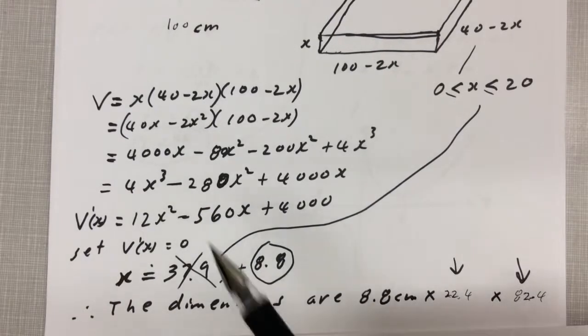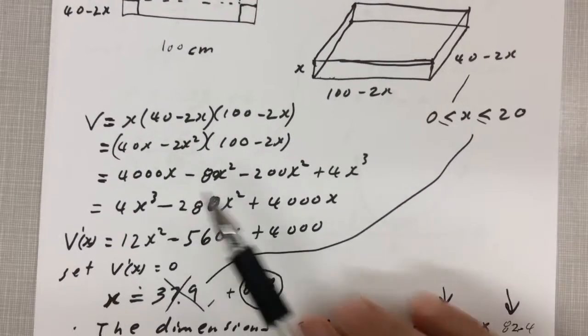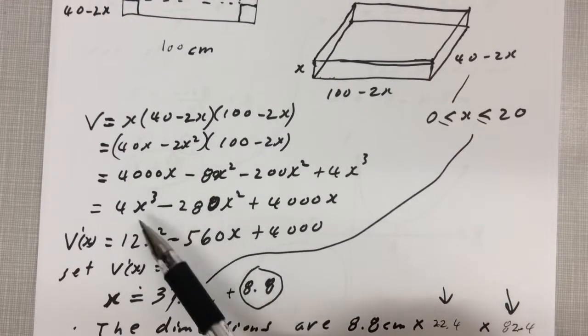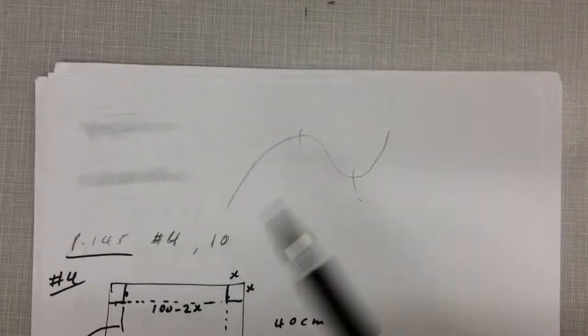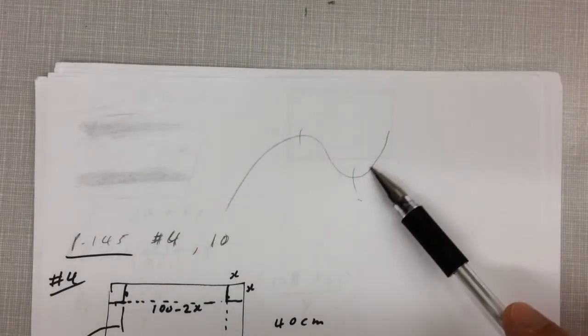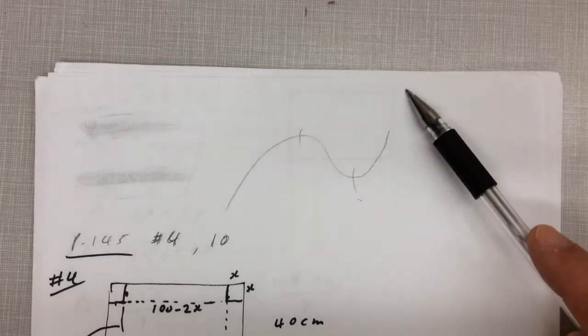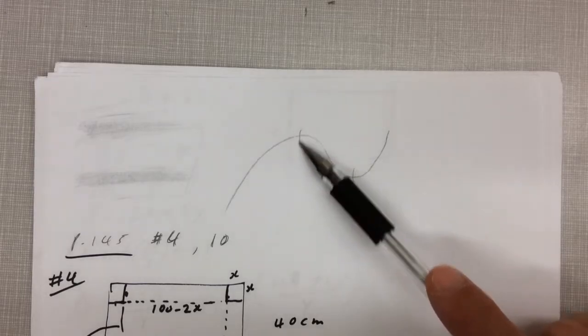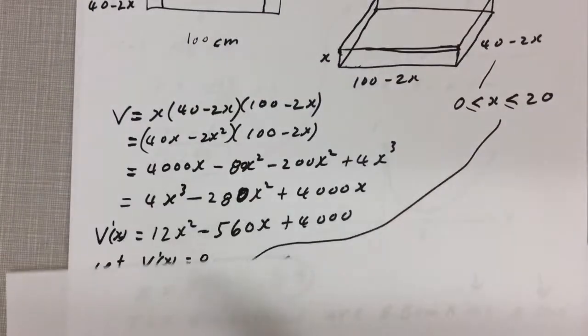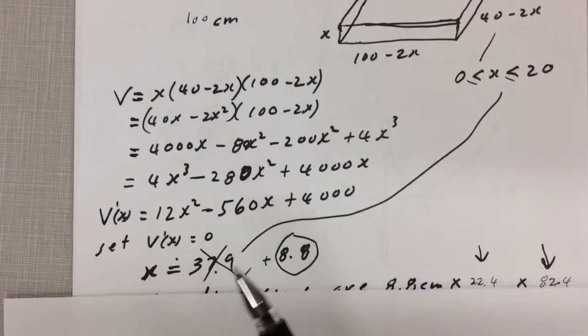If we look at this cubic for the volume, it has a positive leading coefficient, so the cubic's shape is going to look like this here. Because it's a positive leading coefficient, it's going to open up on the right. It's going to have a maximum first and then a minimum, so the lower value is going to give us the maximum. So we know that from cubic functions.